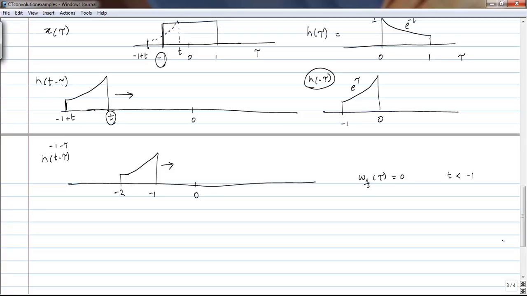So the next range of t I want to consider is minus 1 less than or equal to t less than 0. Because in this range, I can write a nice expression for w sub t of tau, and this function is going to look like this, right? Maybe I'll draw it slightly better.